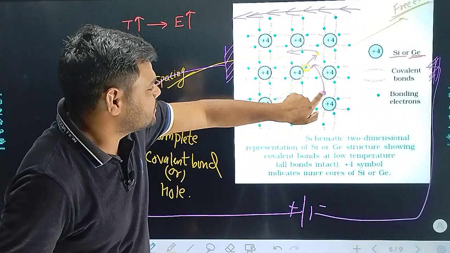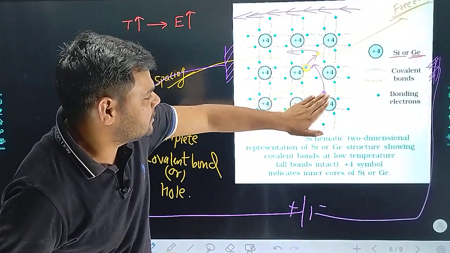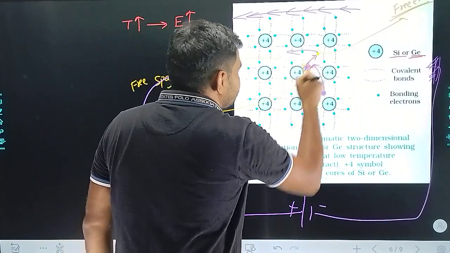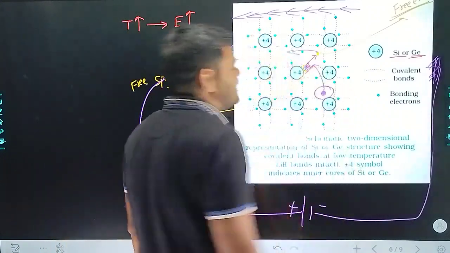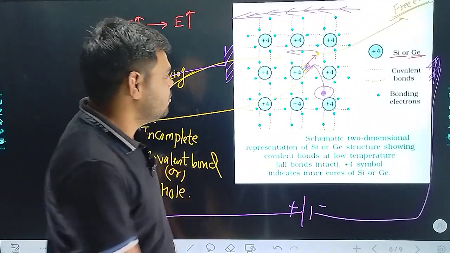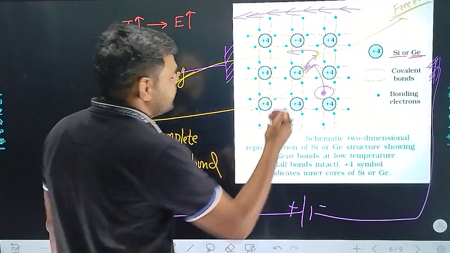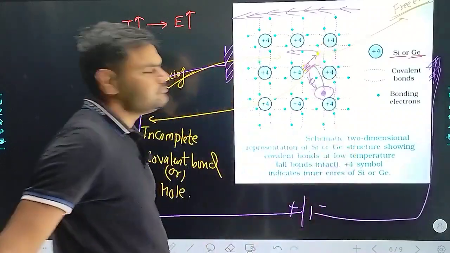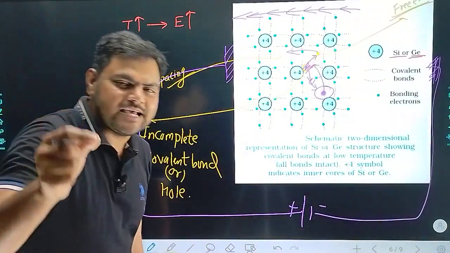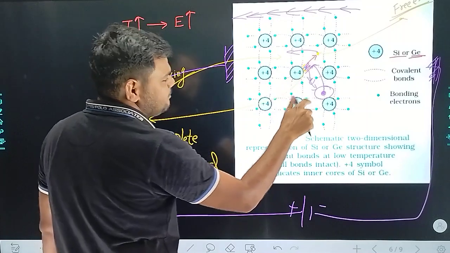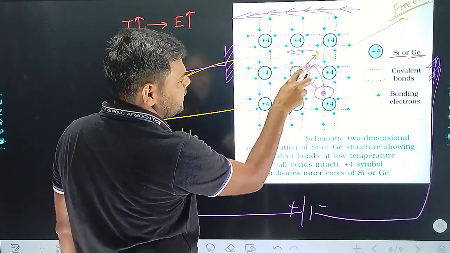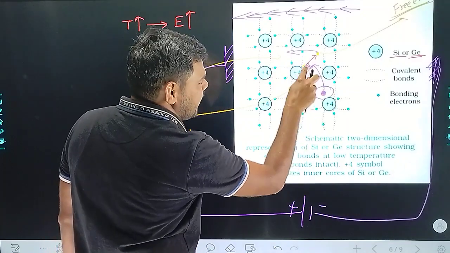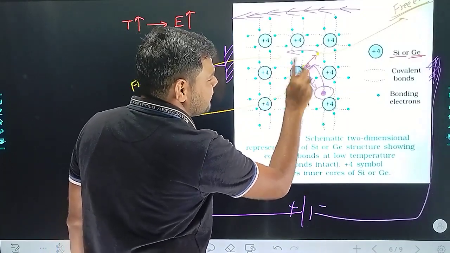So this covalent bond electron will move into that hole, so that hole becomes complete. Now a vacancy will be created here. So indirectly we say that the hole moved from that place to this place. Basically, exactly what is happening is that this electron moves into that incomplete covalent bond, so a hole is created here and the incomplete covalent bond gets filled.